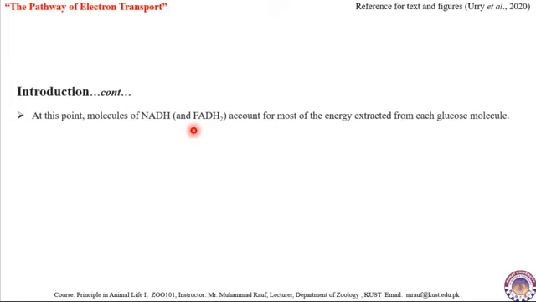Perhaps the major bulk of ATPs that is produced in aerobic cellular respiration is through oxidative phosphorylation, which takes place during the electron transport chain, and these high energy electron carriers start this process.